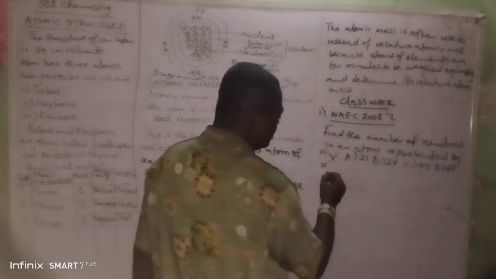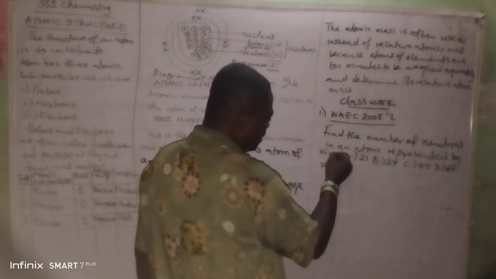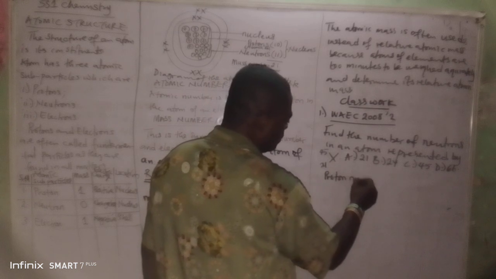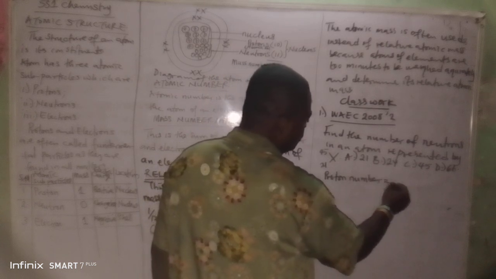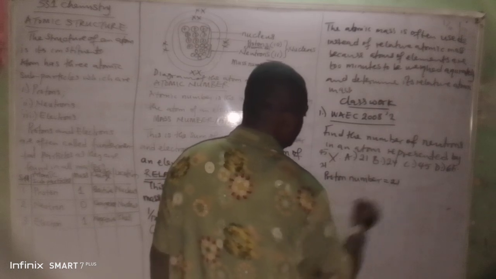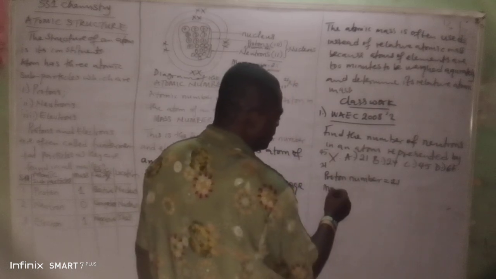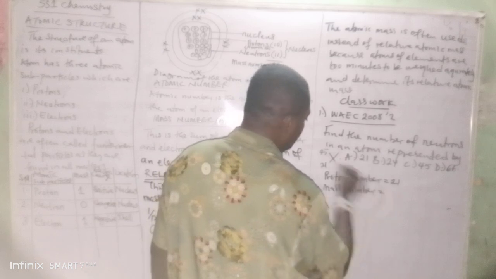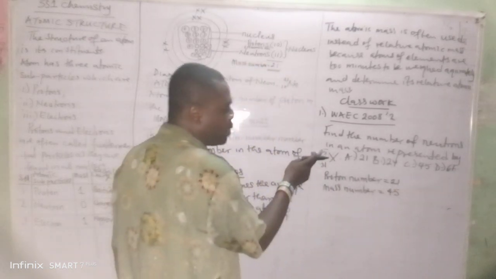You have already known from what we are seeing here that the proton number is 21. Then the mass number is 45, because the mass number is written as a power.